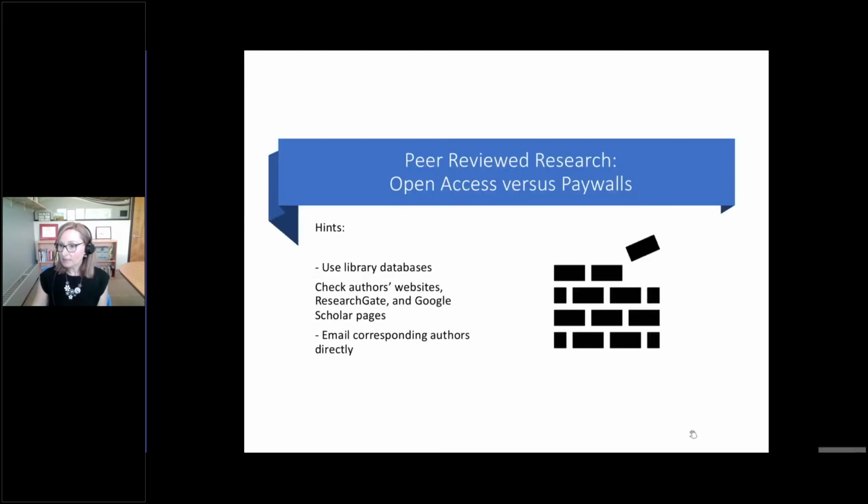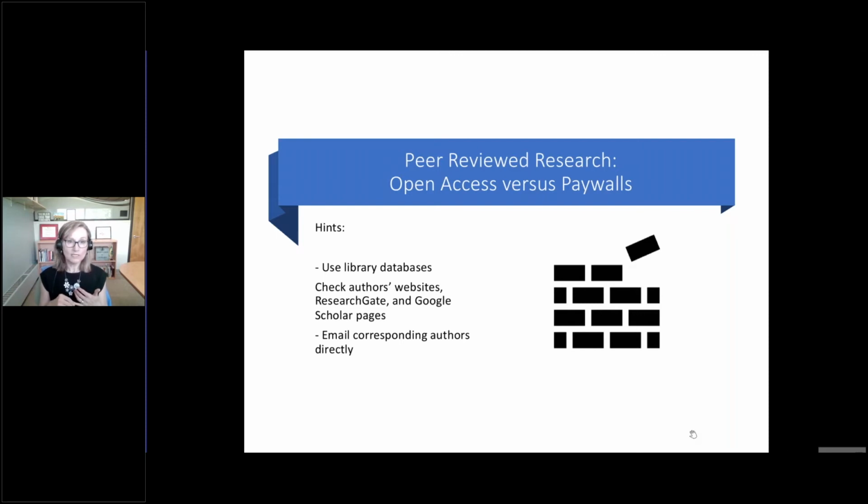A couple hints as well in terms of accessible research. Open access means it's available to you online. A lot of very reputable peer-reviewed articles are available to you online. Some of them are behind paywalls, and it can really vary.